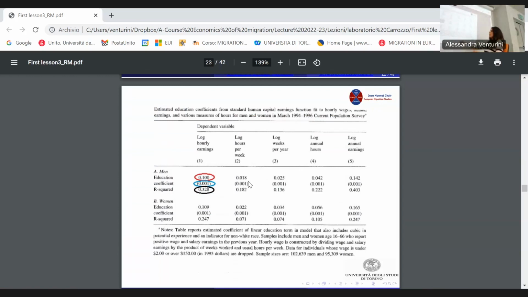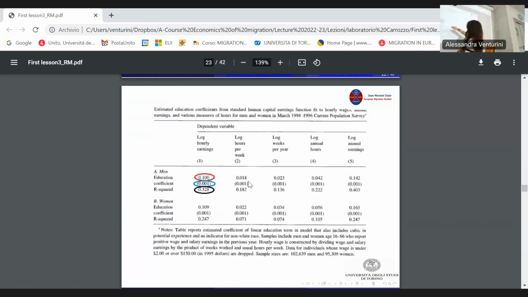And finally, the R squared, that, as we said, is a statistical measure of goodness that shows us how well our model fits the data.